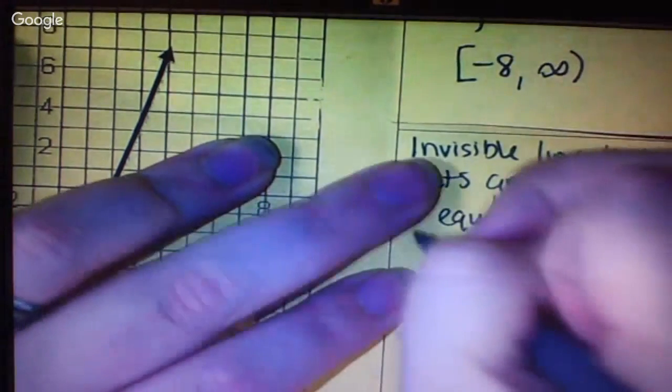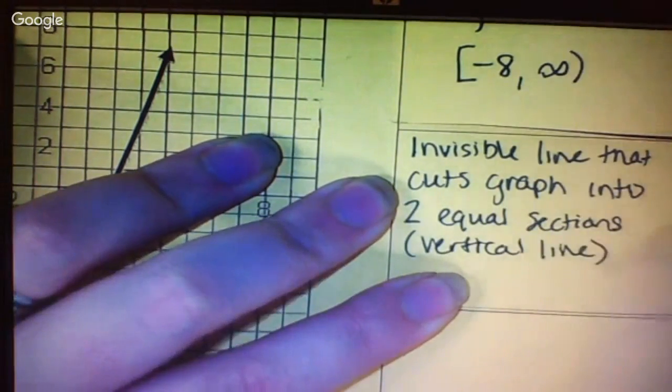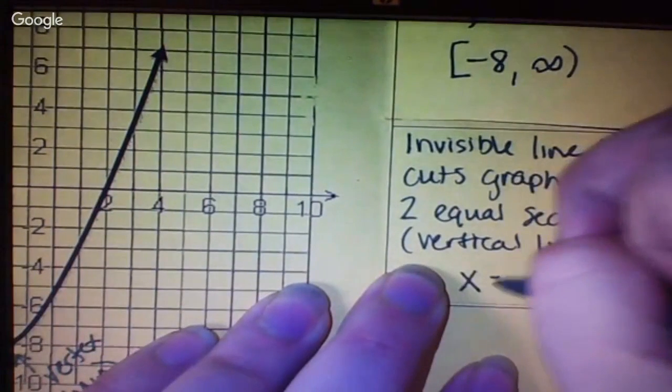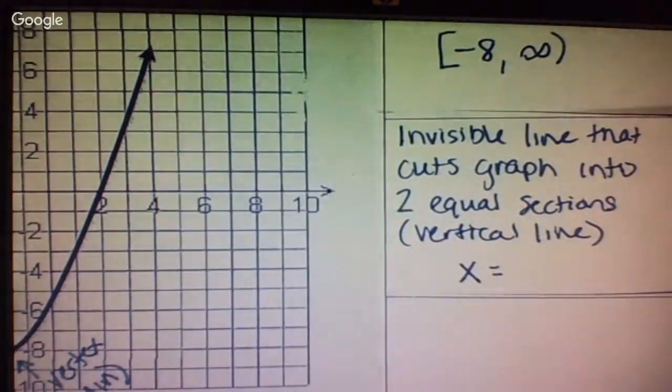This is always a vertical line. So if it's always a vertical line, that means it should always be x equals, because remember, a vertical line goes through your x-axis.